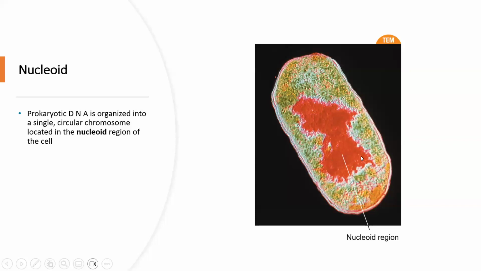And it gets bunched together. And so that's why when we're looking at this TEM image, this transmission electron microscope, we can see that there's this kind of dense area here in red. This is the nucleoid region.